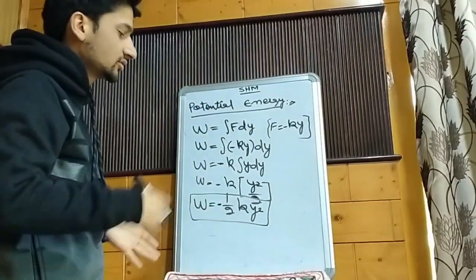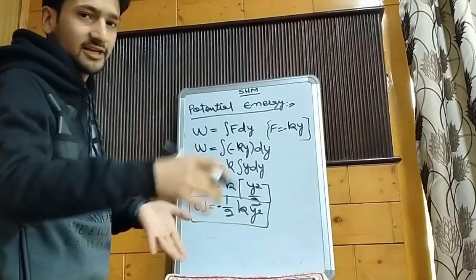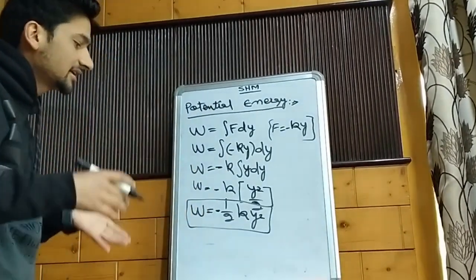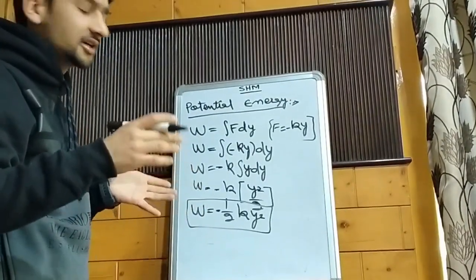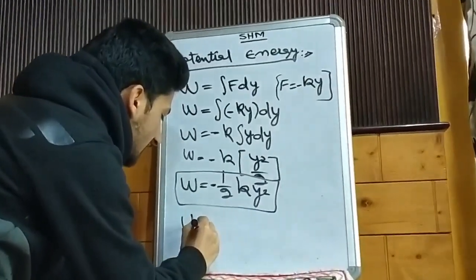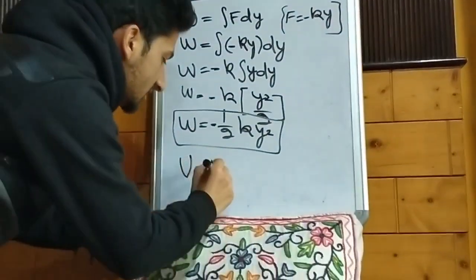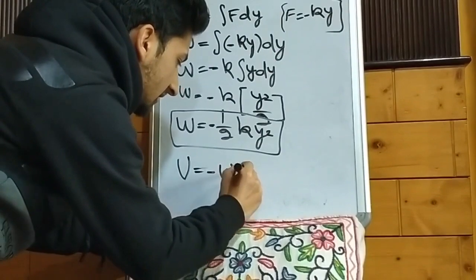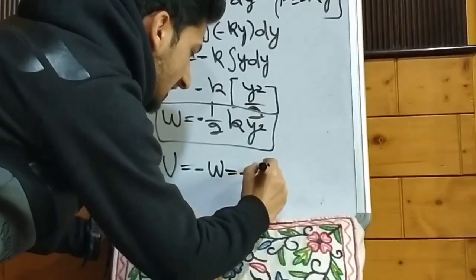This work done gets stored in the form of potential energy, and mathematically potential energy, which is denoted by U, is equal to minus the work done.